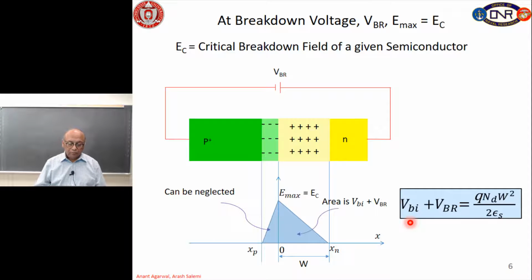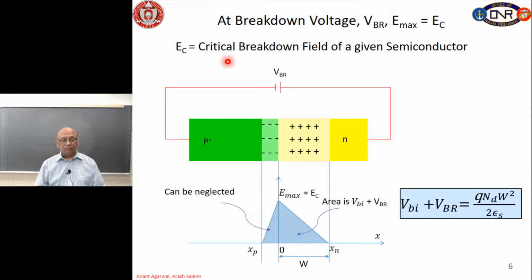Now, if we are doing hand calculations and one-dimensional calculations, it is not possible to do that integration by hand. So, we have defined another way of roughly determining the breakdown voltage by assigning a critical field for a given semiconductor, and that is called EC.